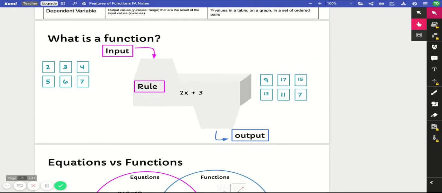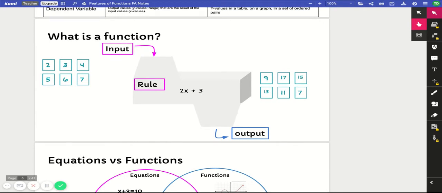So let's look at what a function is now that we're done with our definitions. So here I have this little function machine. So what is a function? You input any number. So I'm going to take, let's say, a 2.